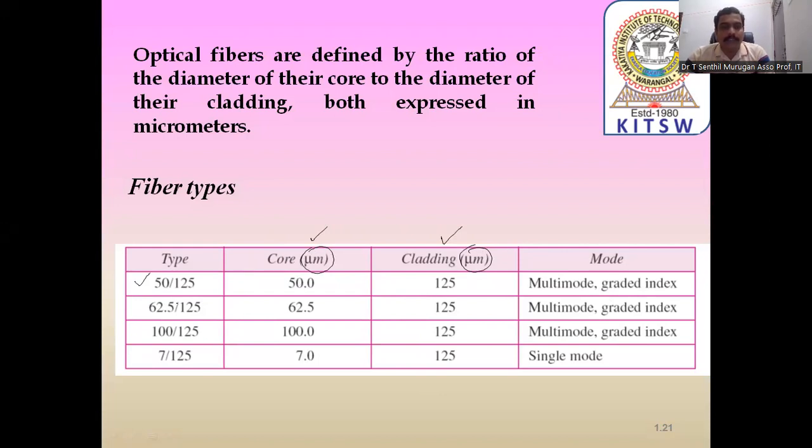For example, a 100 micrometer core and 125 micrometer cladding is called 100 by 125. Here we are able to see 7.0 and 125; this 7 micrometer core is used for single mode transmissions.